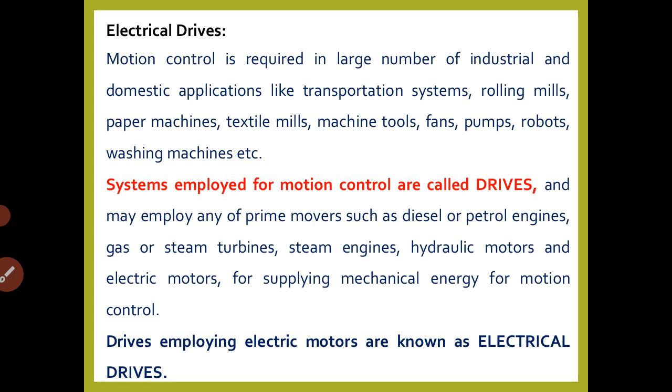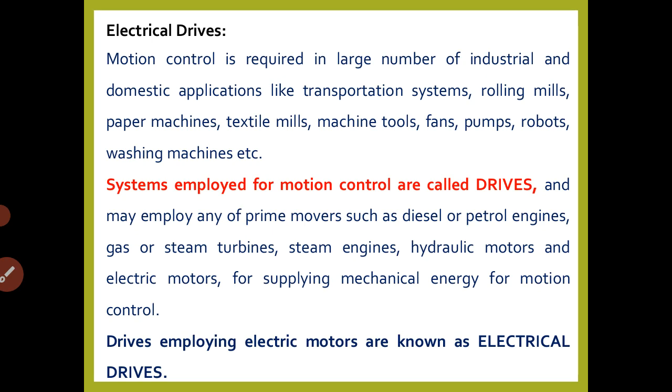Electrical drives, okay. So what is the meaning of electrical drives? Motion control is required in a large number of industrial and domestic applications like transportation systems, rolling mills, paper machines, textile mills. Here motion means speed control is required for different applications, whether for domestic or industrial purposes.